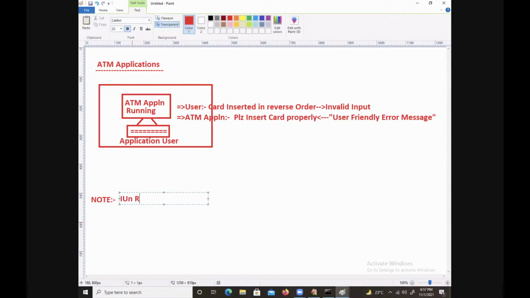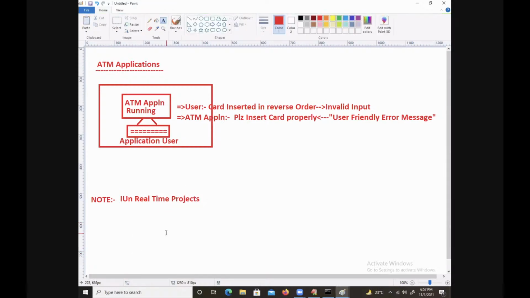In real-time projects, there are two things you are supposed to take. Whenever you give valid input, or you give invalid input, what is happening?